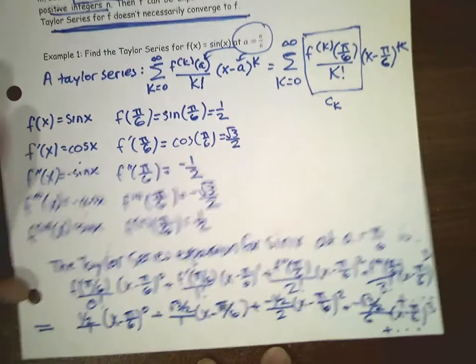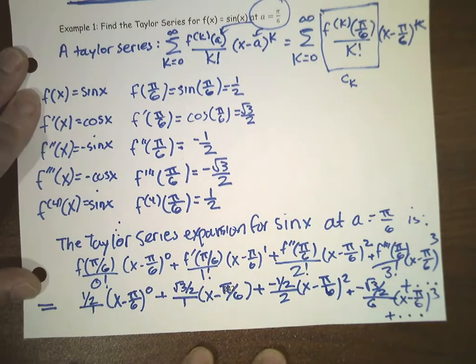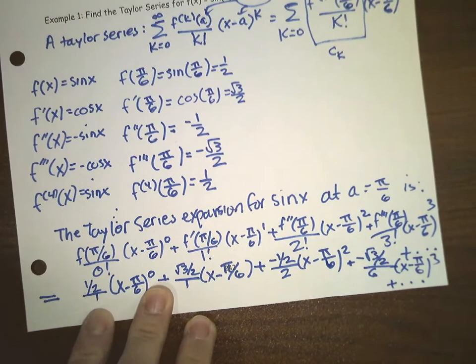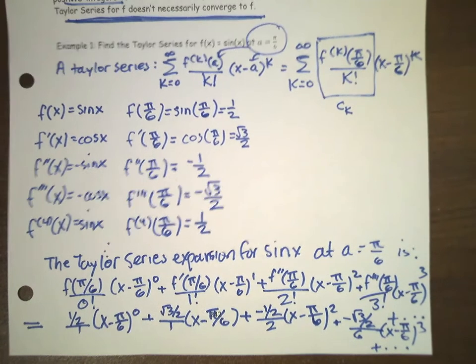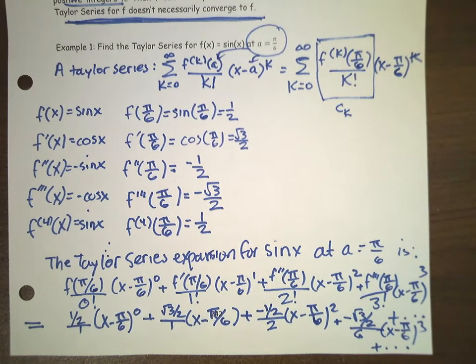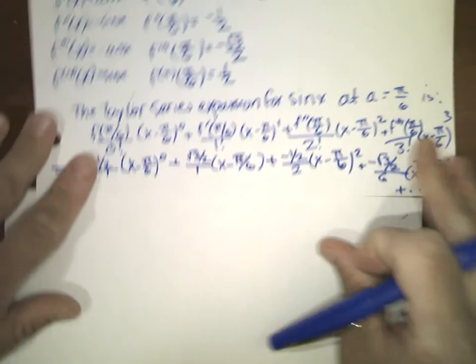So then if you keep on going here, what do you have? Well, of course, you could keep on going as far as you would like. So let's just do a little bit more cleaning up of all of this.